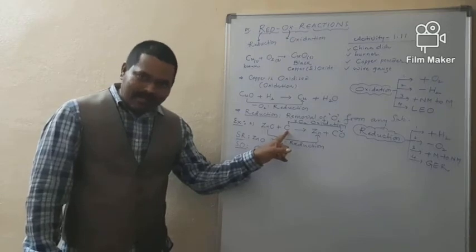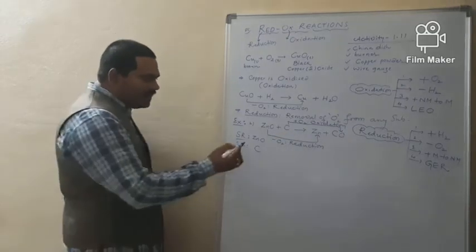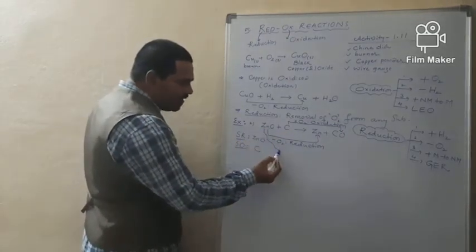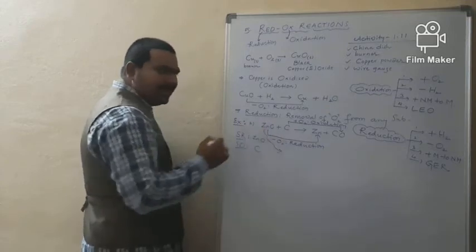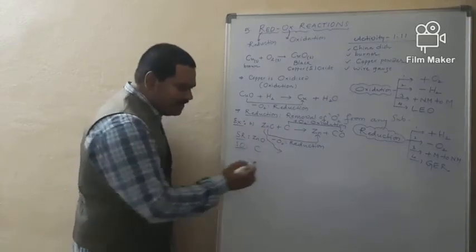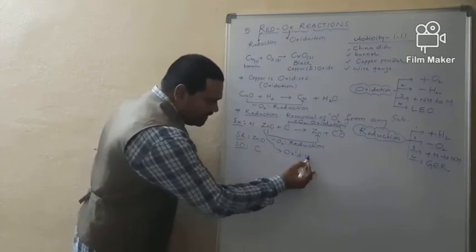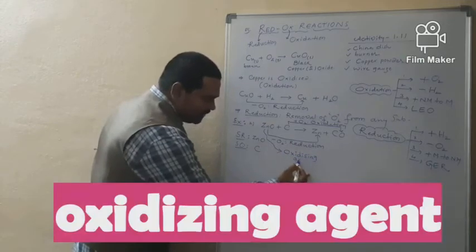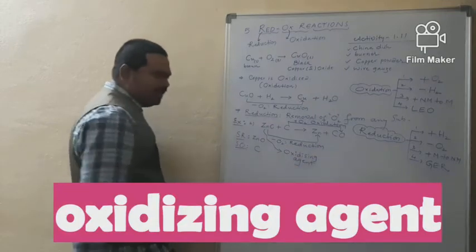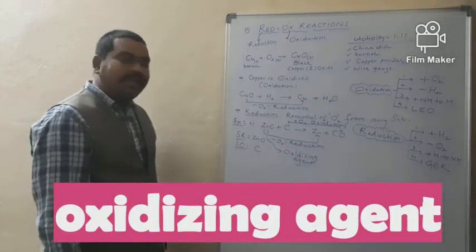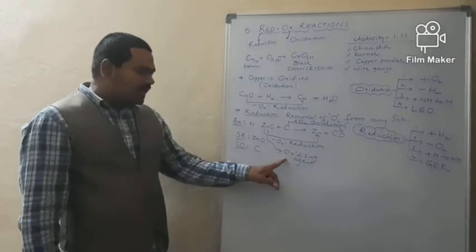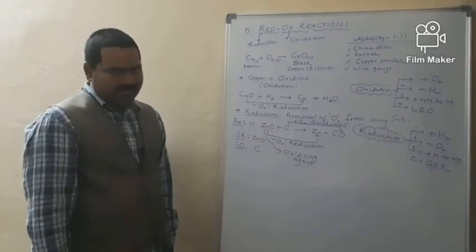Isn't it? Am I correct? So what name is given to this zinc oxide which supplies oxygen atoms? Yes, there is a special name. This is called oxidizing agent. So oxidizing agent is zinc oxide.